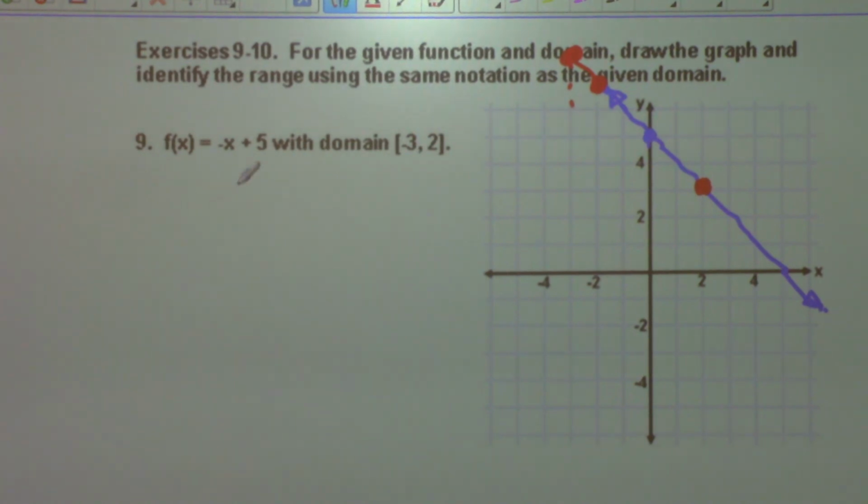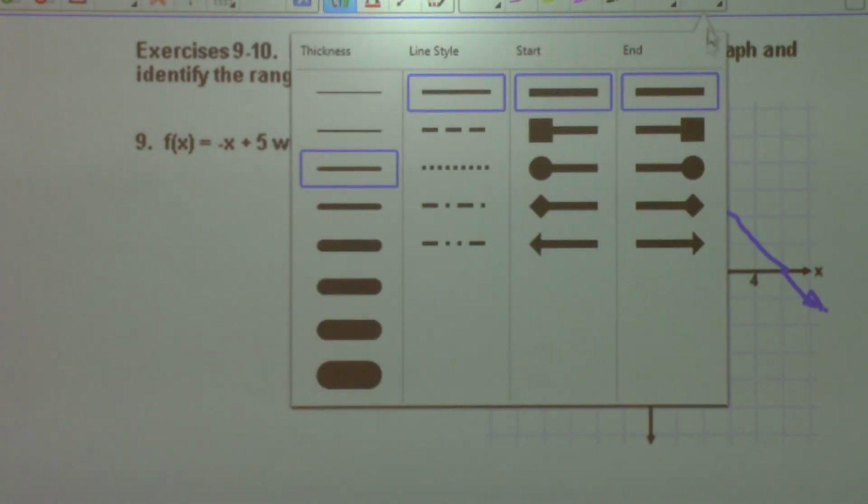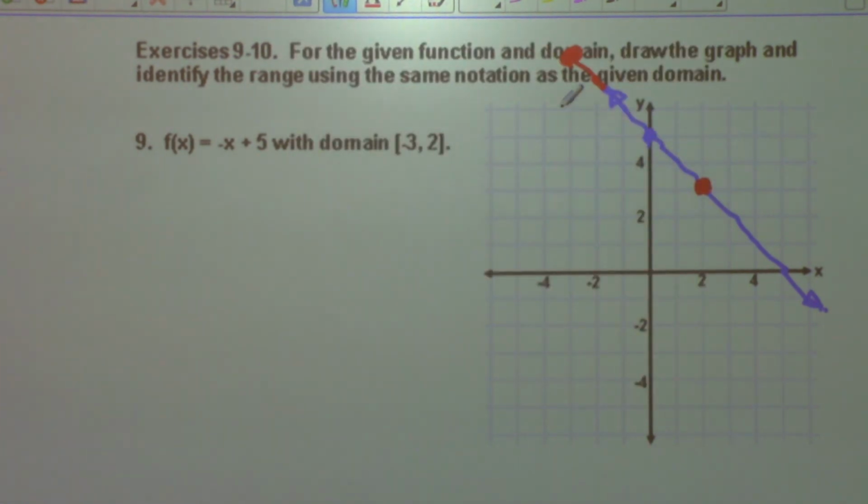So what's going to be, draw the graph. Well, the graph, let me clean this up a little bit. So the graph is going to go, get a skinnier pen, -3, it's going to go up like this, right?